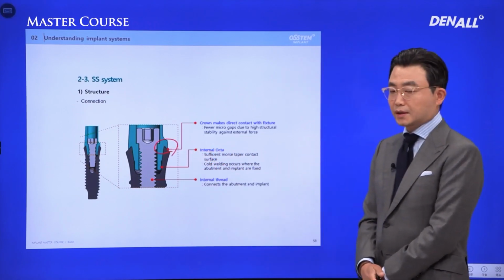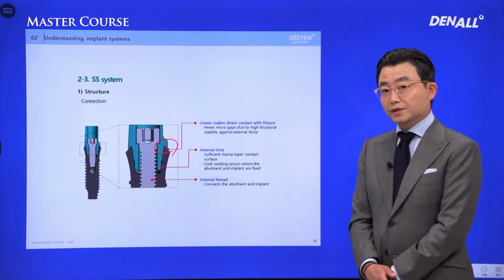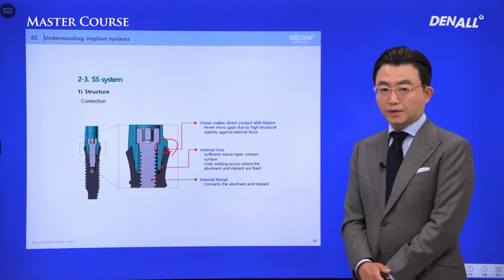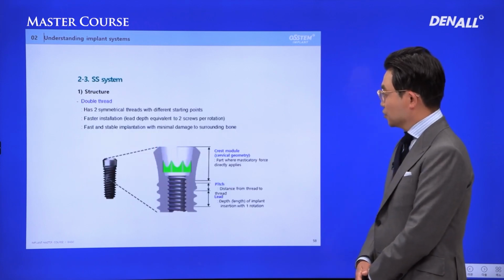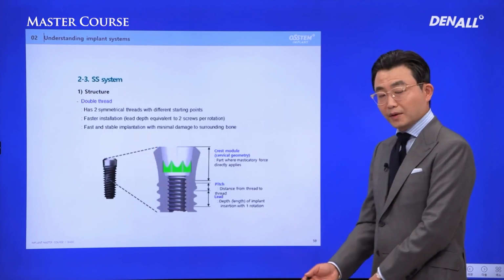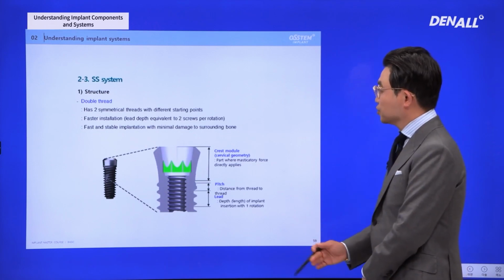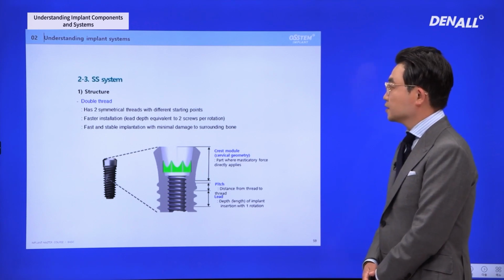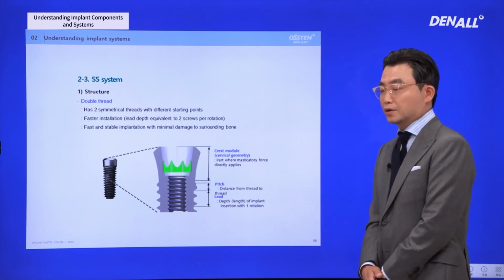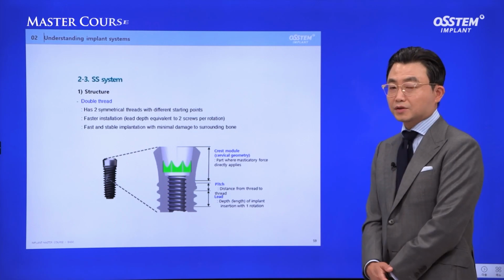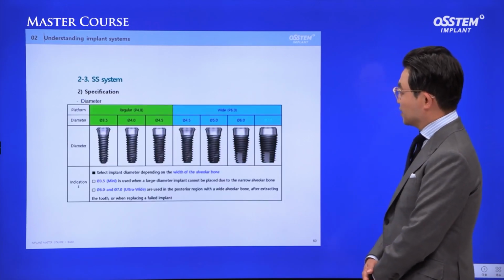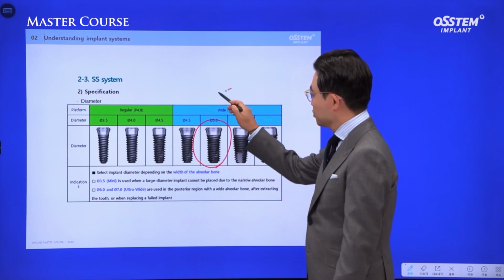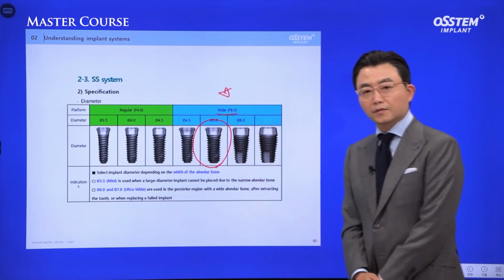So for posterior single placement, my first choice is the wide neck SS system, and in the long term, in terms of prognosis, gingival reaction, and prosthetic complication probability is less. So if you take advantage of the SS system, I think it can guarantee long-term stability. For a posterior single, a 5.0 wide neck fixture is what I mostly opt for at my clinic.